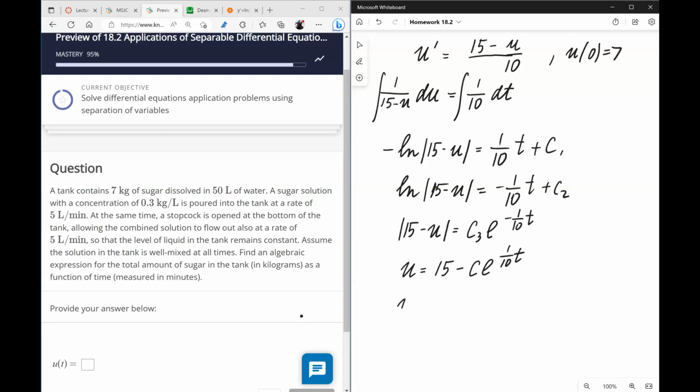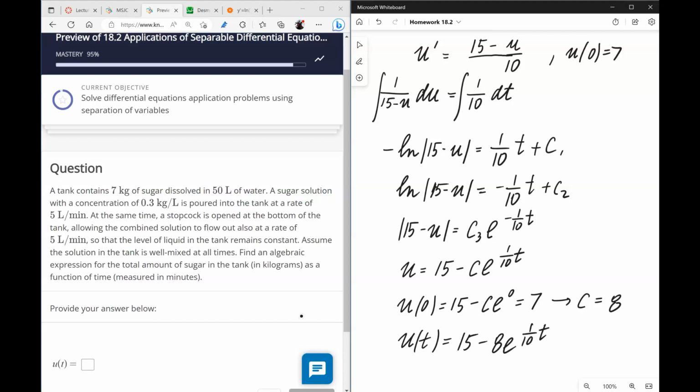Now, no rush. Let's plug in 0 in here. That means c is equal to 8. So the final answer is 15 minus 8 e to the power 1/10 t.